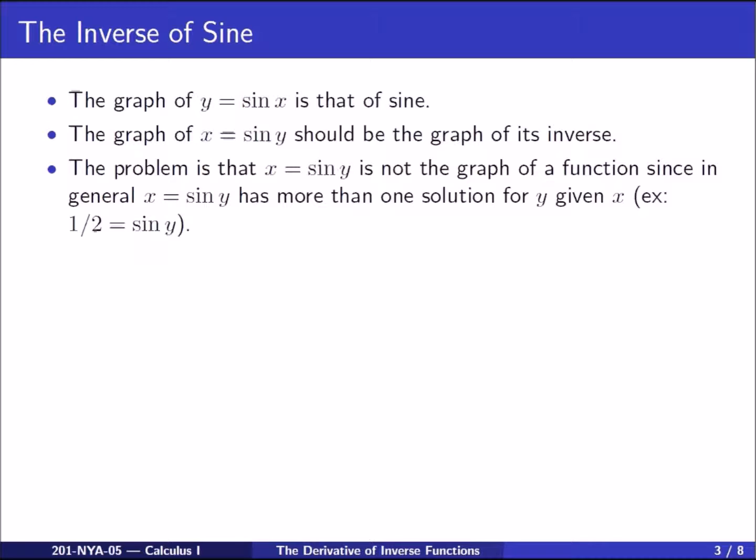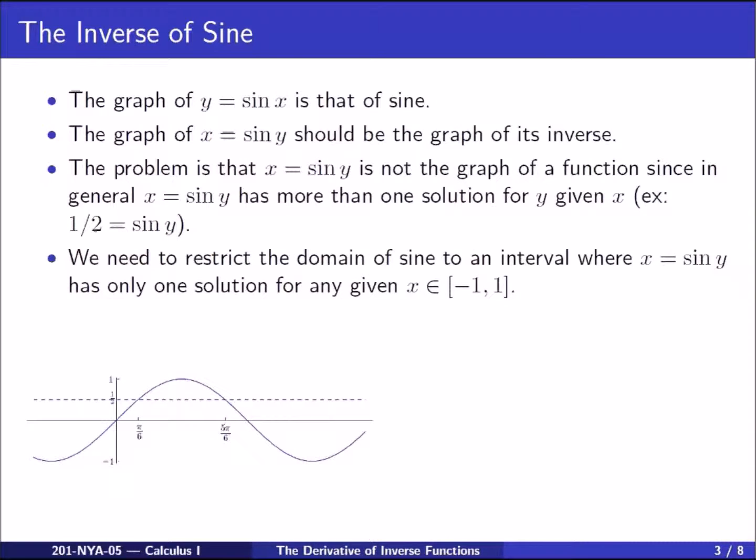The problem is that if we solve x equals sine of y, we won't get a function, in the sense that for a given value of x, there are many possible values of y where x equals sine of y. One of the examples we considered in the previous slide is 1/2 equals sine of y, and we saw that there are many values of y, many angles where the sine is equal to 1/2.